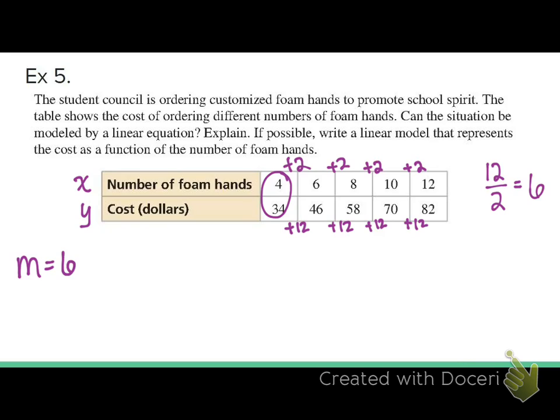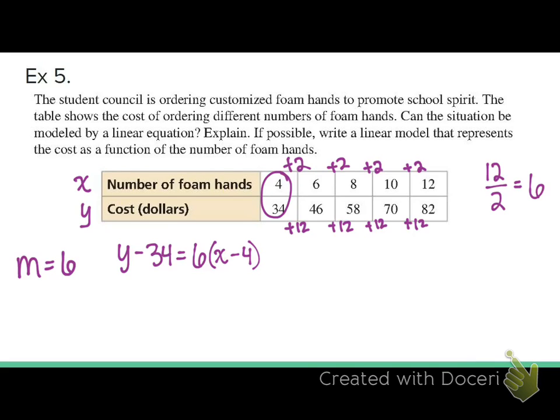We'll put this in point slope form first. So y minus what? What was the y value that we circled? 34. Equals. What comes after the equals sign? The 6 for our slope. Open those parentheses. What's in there? X minus 4.